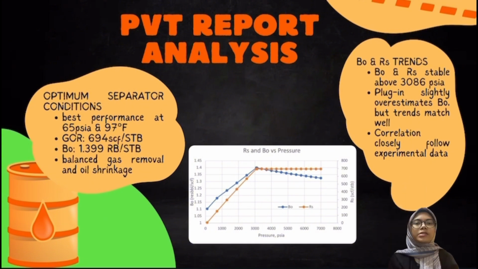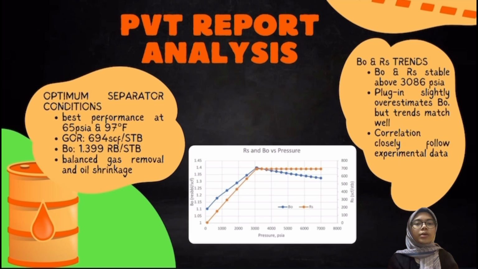For the BO versus pressure comparison plot, this plot compares the formation volume factor BO against pressure using experimental data, the Vasquez and Beggs correlation, and plug-in results. The trend is as expected. Above the bubble point, BO increases with pressure and levels off.